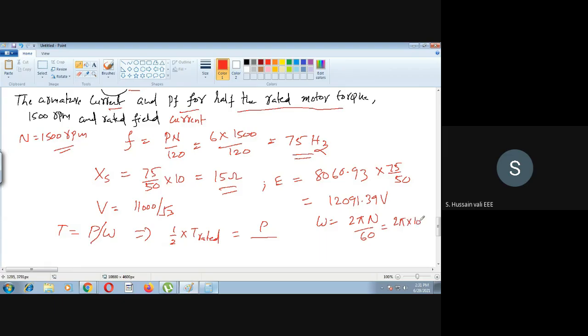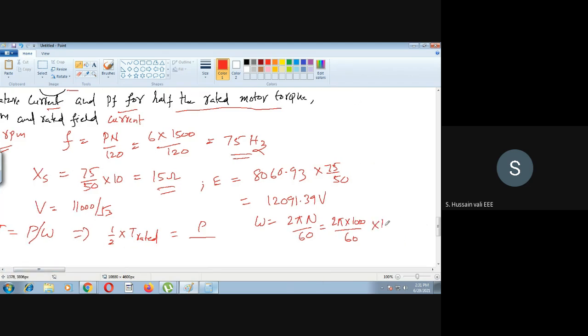I will write first 1000, then 60, and as n is 1500 rpm, I will add this 1.5 at the end. 1000 is the rated value, so we'll write omega s into 1.5.